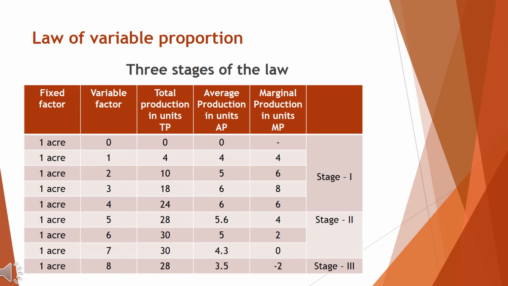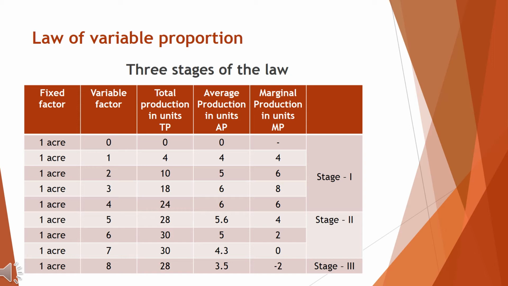The table shows that fixed factors remain constant, variable factors are changing, and total production is increasing. Average production is calculated by total production divided by variable factors. Marginal production is the difference between the total production. Variable factors increase at the first stage, increasing the return.